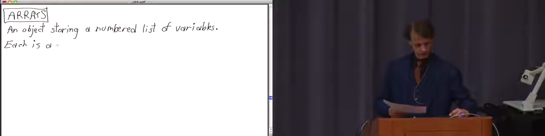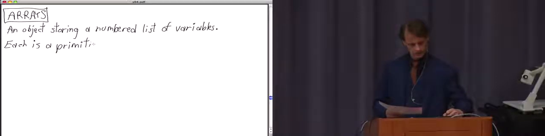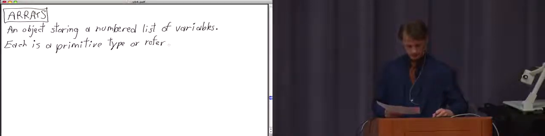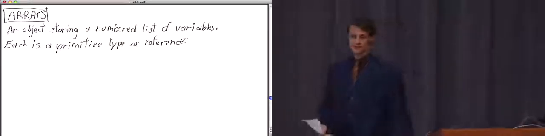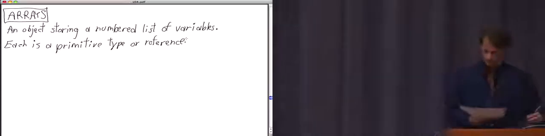Each variable is itself either a primitive type or a reference. And the variables are always indexed from 0 in increments of 1.